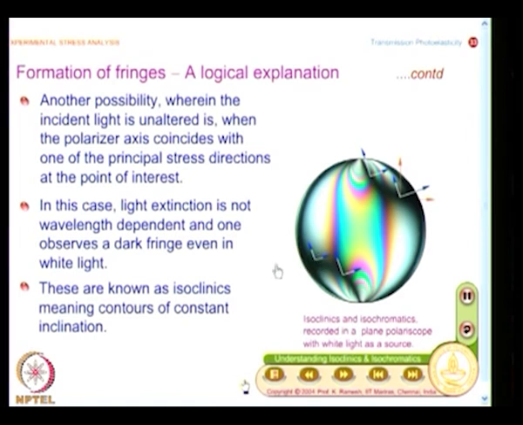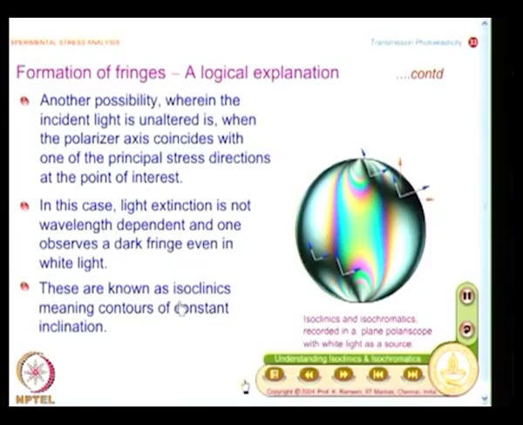And I have again emphasized, when the polarizer axis coincides with one of the principal stress directions, light extinction is not wavelength dependent, because I do not have another component, I have only one component that passes through. So, whatever light comes out of the model is completely cut off, and these are known as isoclinics, meaning contours of constant inclination, and it will take some time for you to appreciate what these contours are.